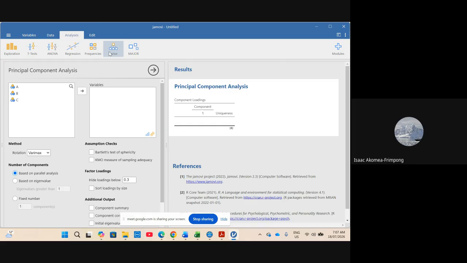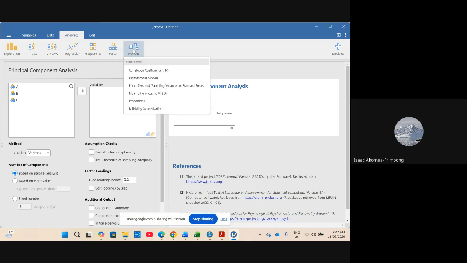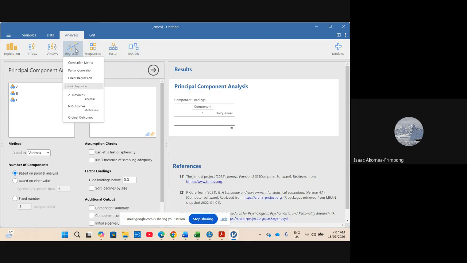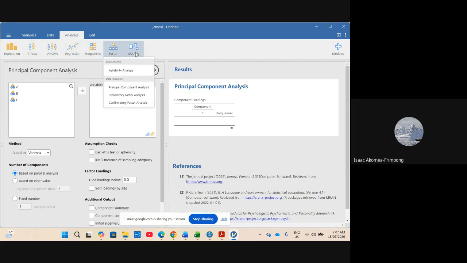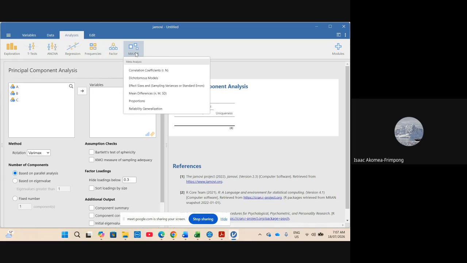But what I'm recommending to you now, which I think I have mentioned before, is that you can also download Jamovi. Jamovi is free, and it can be used for regression, ANOVA, t-test, factor analysis, and even structural equation modeling, because it has certain packages in there. Just focus on the PLS for now. Get the PLS done, and then later you can use Jamovi.